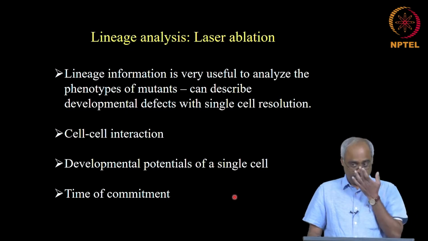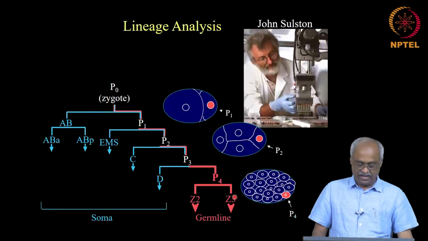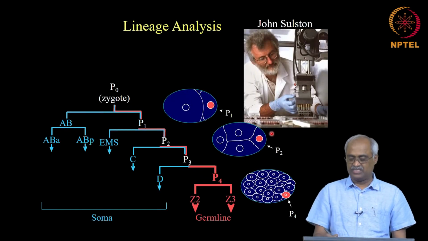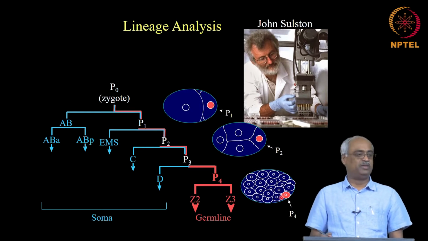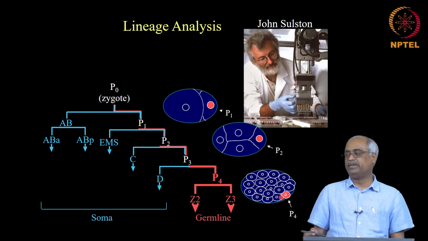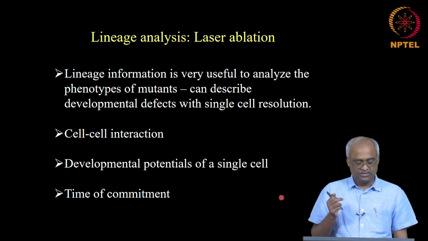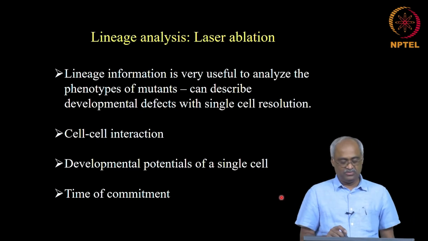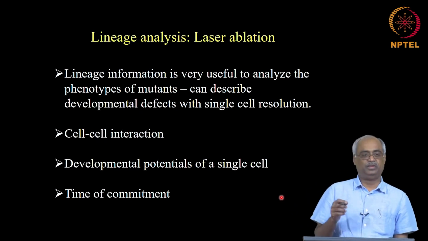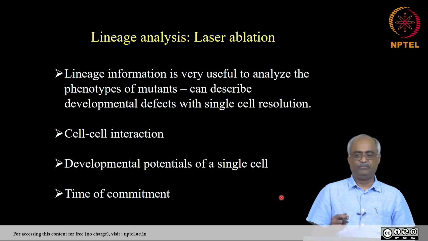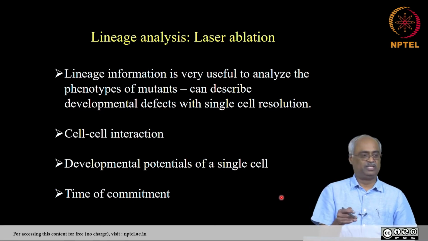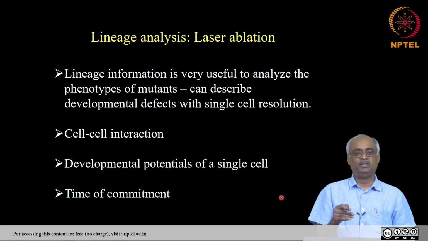You can go ahead and kill a specific cell without affecting the other cells at different stages during embryogenesis, and then monitor the consequences. When you do that, you can define a phenotypic defect of loss of function of a gene, meaning a gene function at single cell resolution.